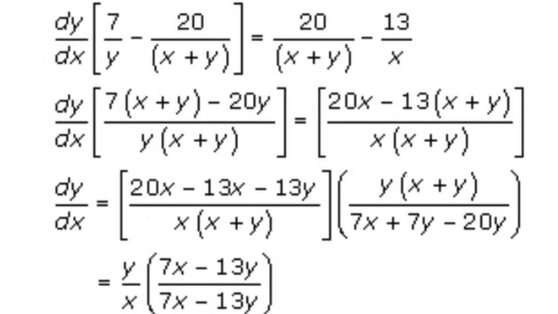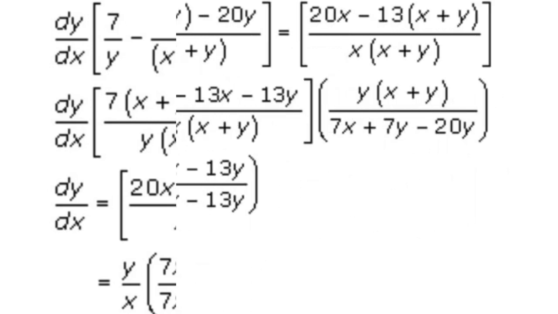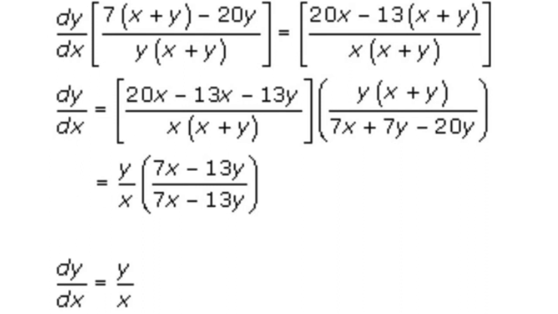Now we are going to cancel x plus y from numerator and denominator. So we have dy upon dx equals to y upon x into 7x minus 13y upon 7x minus 13y. On the right hand side we can cancel 7x minus 13y from numerator and denominator. So we'll get dy upon dx equals to y upon x, which is the required answer.